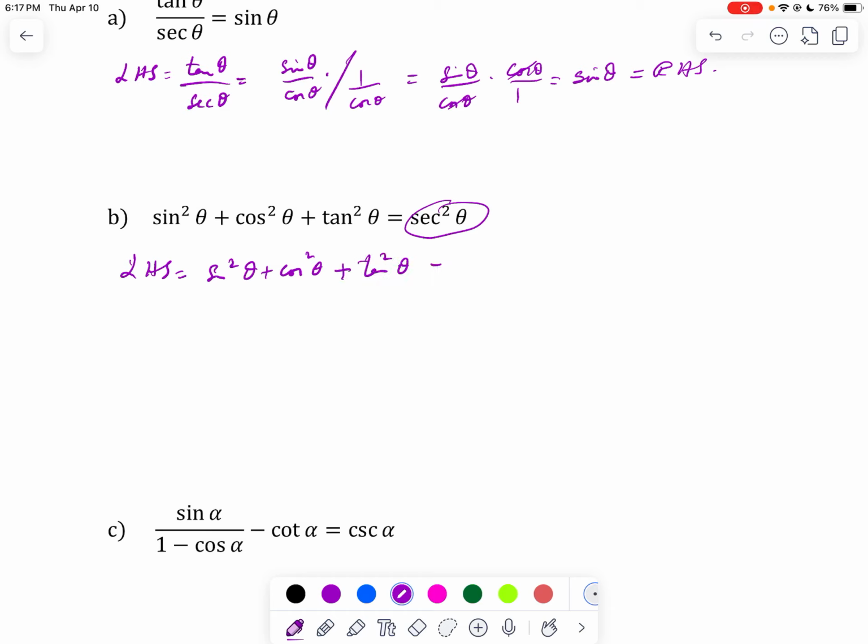Good. Now if you recall, the first two give us 1. So we get 1 plus tangent squared theta. But now what is 1 plus tangent squared theta? This is equal to, if you remember, one of the three Pythagorean identities.